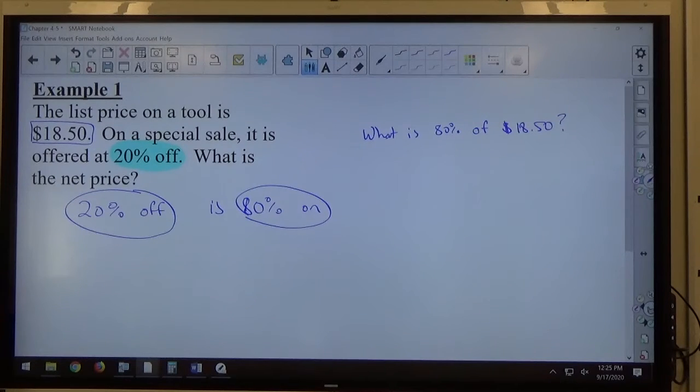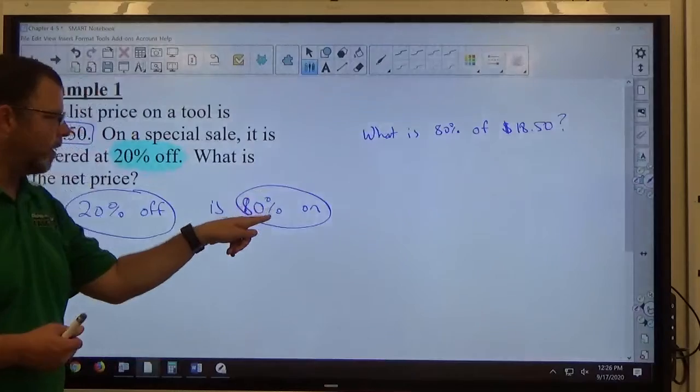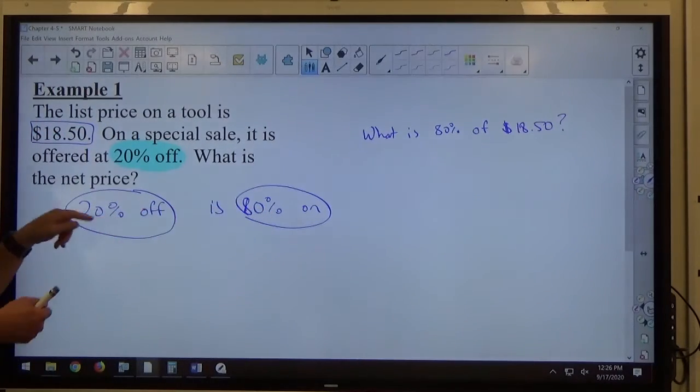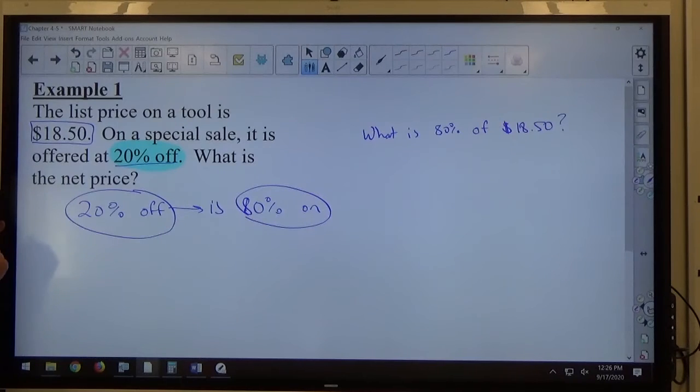So $18.50 is how much the whole price is. You take away 20%, you're left with what's left. In this case, we found the right percent, the percent of the price we're actually going to pay, so this will get us the exact answer we're looking for, no extra work. Again, the 80 came from right here, which comes from right there. So this is what they told me, I used that to find that, and that's how I wrote my percent sentence problem.